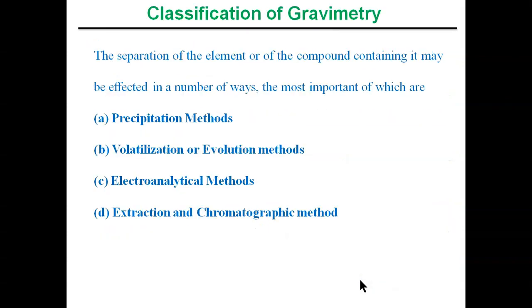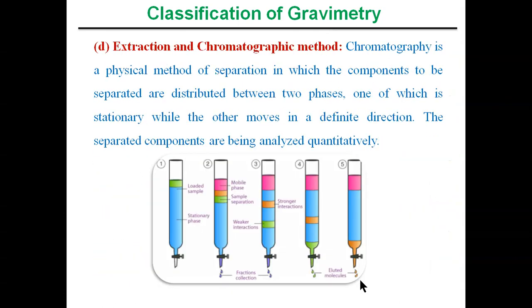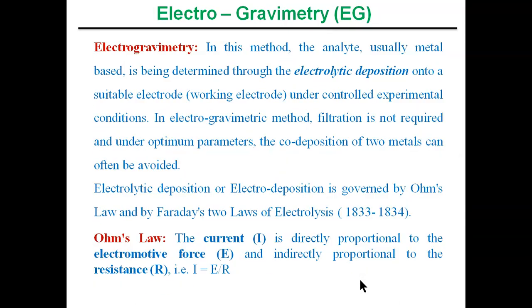So now we will move on to how this electrogravimetric technique works, or what the laws are which are required for the electrogravimetric method. Let me repeat the electrogravimetric method principle.